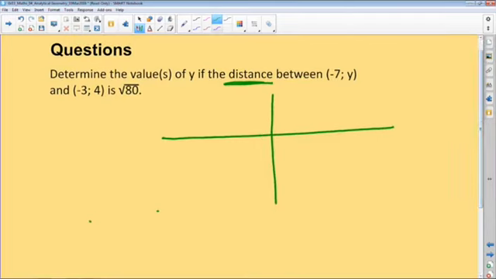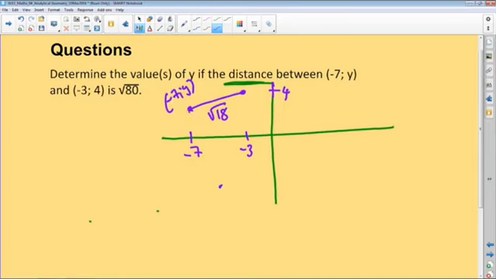So you've got minus 7 and y, and there's minus 3, 4. But the distance is root 80.